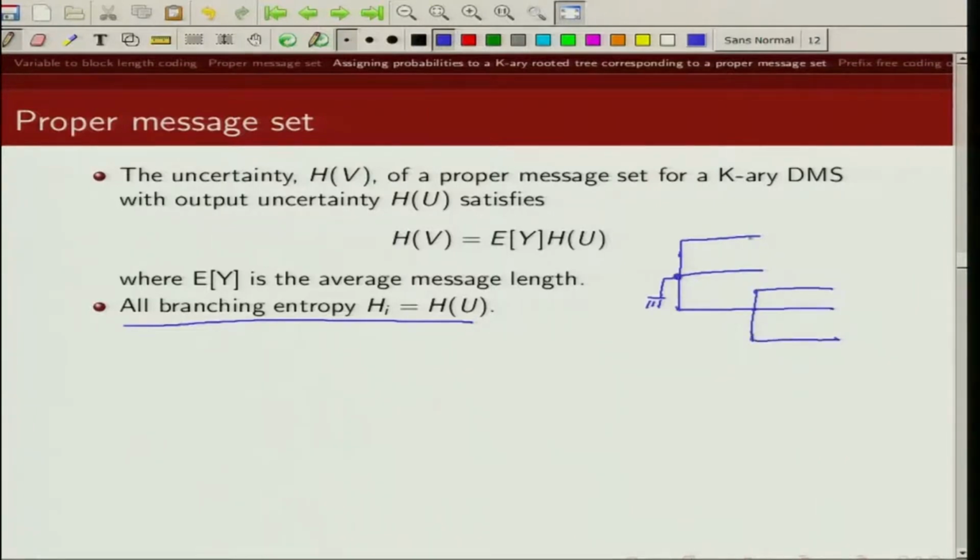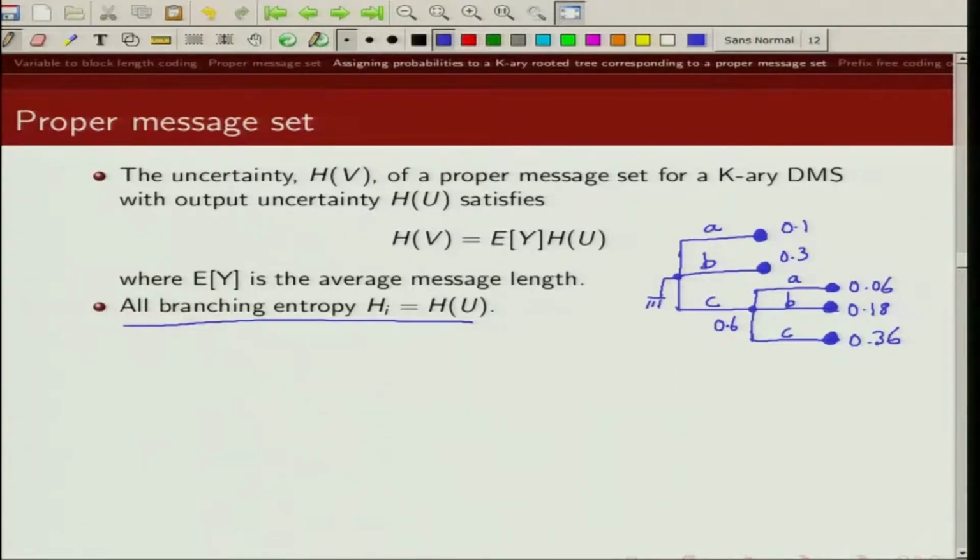This is my root, this corresponds to letter A, this corresponds to letter B, this corresponds to letter C. So this is CA, this is CB, this is CC, and the probabilities were 0.1, 0.3, 0.6, and this was 0.06, this is 0.18, this is 0.36.